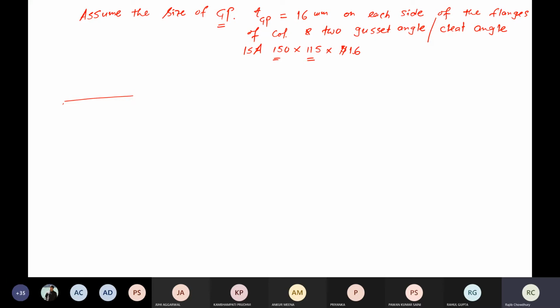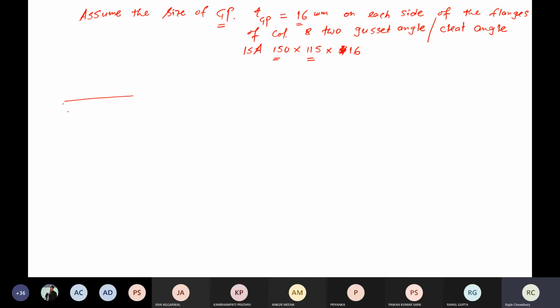So for this cleat angle, you have to take into account whether 150 by 115 by 15 is available in the steel table or not. If 15 is available, then you can consider 15, or otherwise you have to consider the same thickness of whatever you are considering over here.